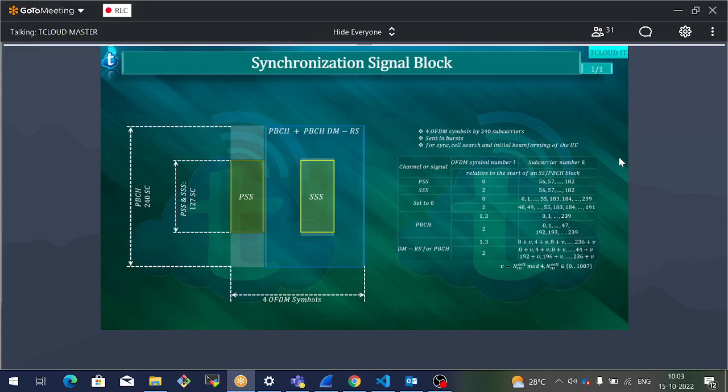It can easily detect that, because these PSS symbols are special symbols which do not follow the general modulation scheme like QPSK or 16 QAM or 64 QAM. Nothing. It is using its own modulation symbols which are not part of general modulation. So you can easily detect where they are located.